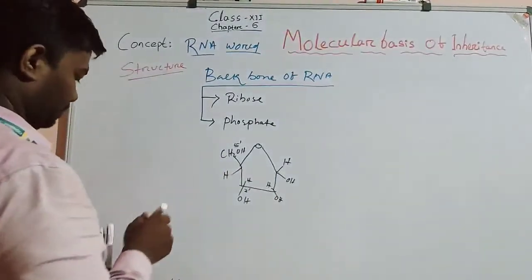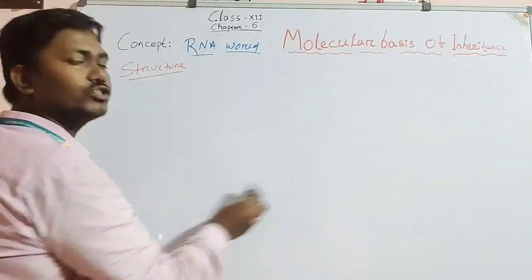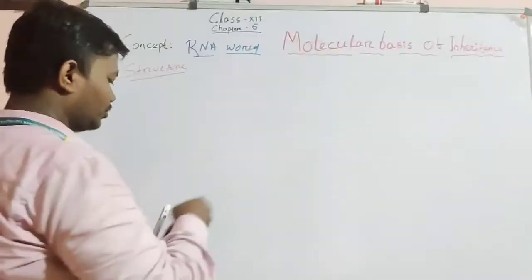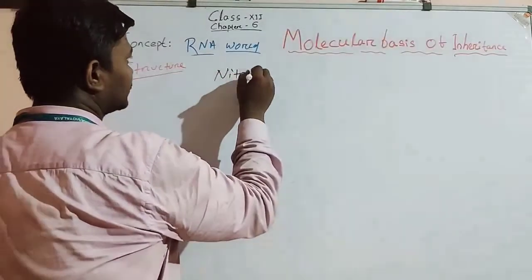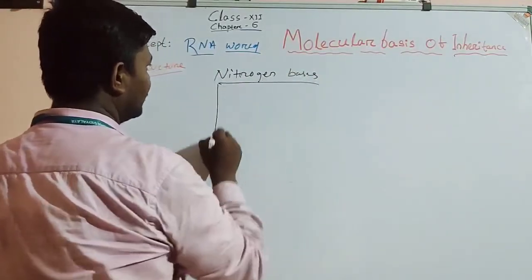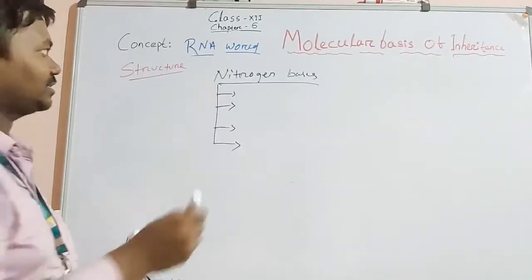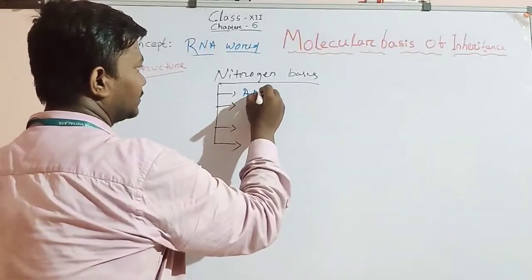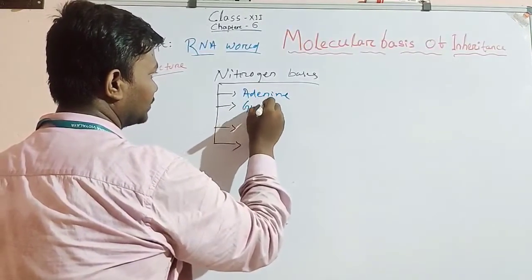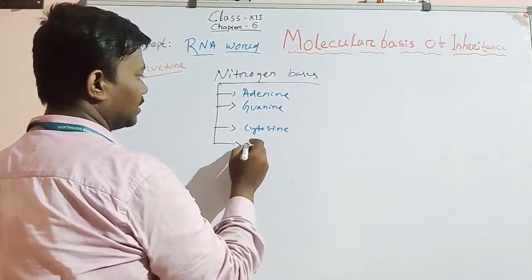Basically, there are 4 nitrogenous bases present in an RNA. First is adenine, guanine, cytosine, and uracil.